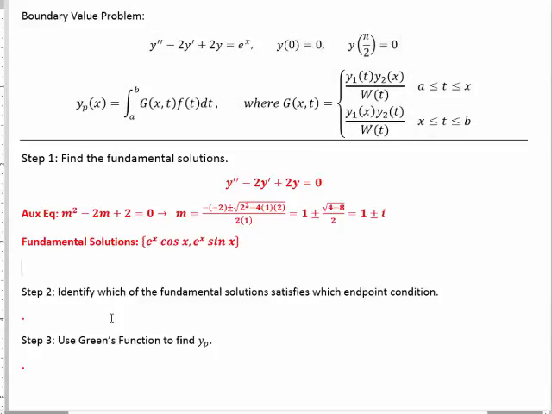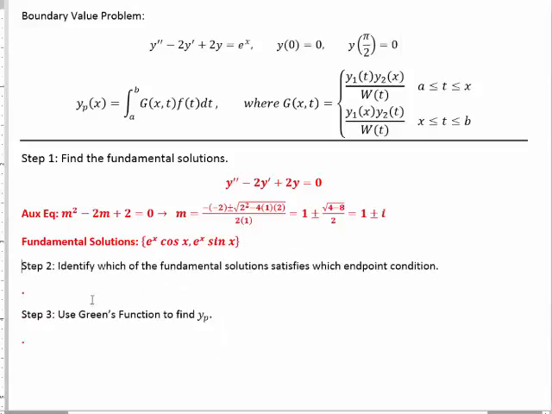So if we take a look at this, the first boundary condition is at 0, so y at 0 is equal to, let's take our first function, e to the 0 times cosine of 0. So that's equal to 1. And unfortunately, that does not equal 0, as what we want in our boundary.